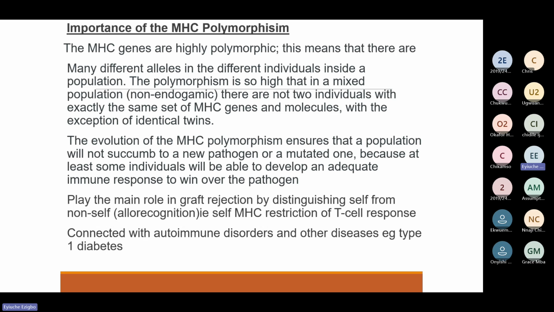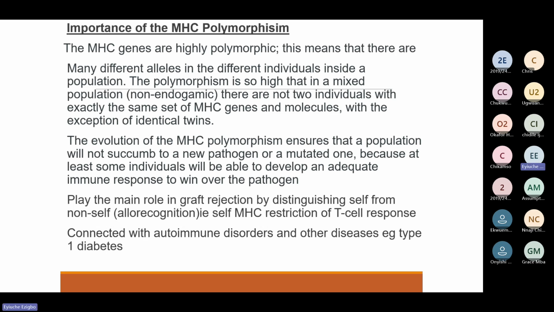The polymorphism is so high that in a mixed population, there are not two individuals with exactly the same set of MHC genes and molecules, with the exception of identical twins. So the MHC complex is a highly polymorphic complex.